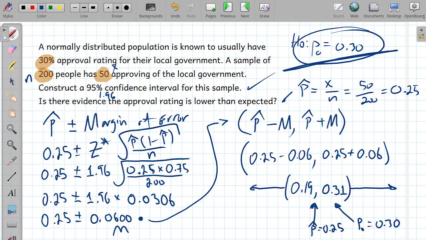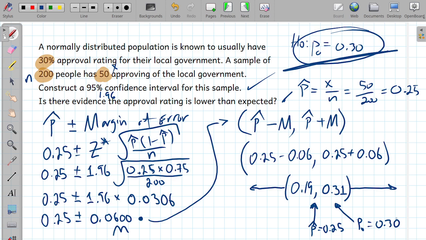Here's the thing. In every case when the estimate and the hypothesized value lie inside the interval, we can't tell them apart. Any value in that interval is equally valid as the true value of the parameter. Therefore, we fail to find evidence to reject the null hypothesis. We do not have evidence here to suggest that an approval rate of 25% is significantly different from 30%.